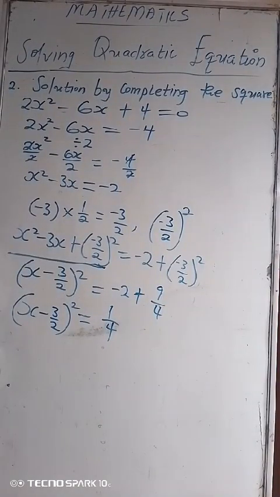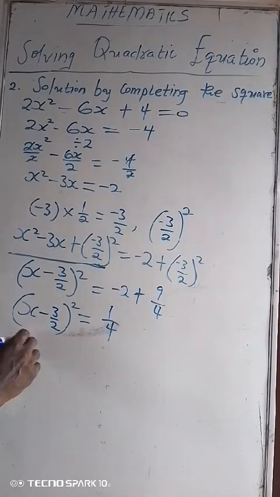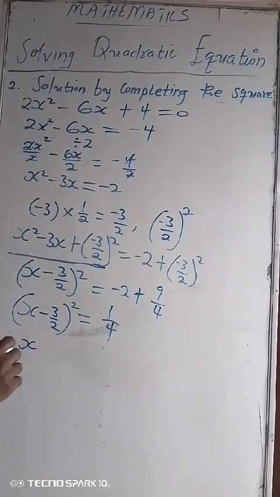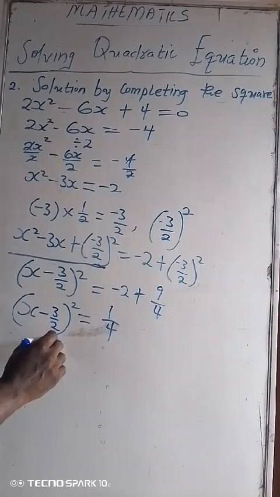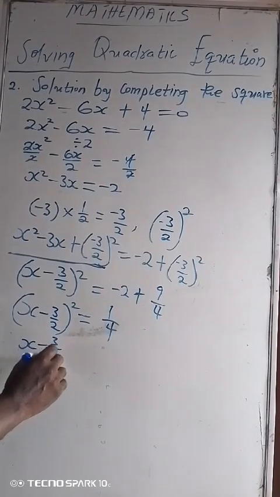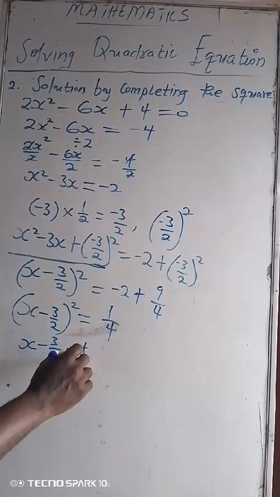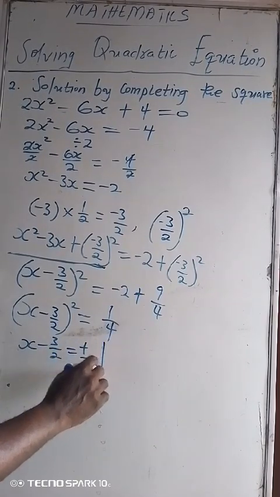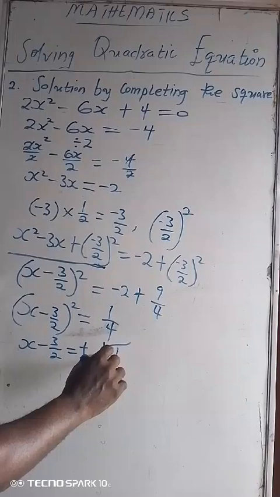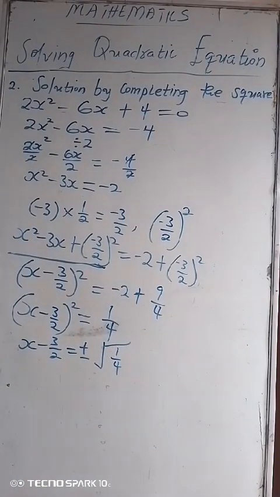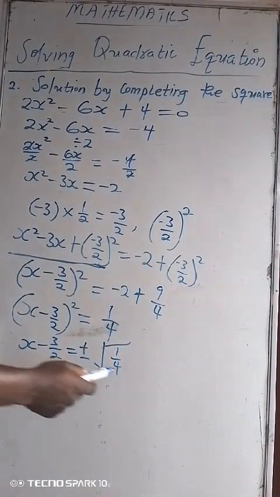So here we are interested in the x. So to eliminate the square here, we have to square root both sides. And when we do, we get x minus 3 out of 2 equals plus or minus the square root of 1 out of 4. The square root of 1 is 1, the square root of 4 is 2.